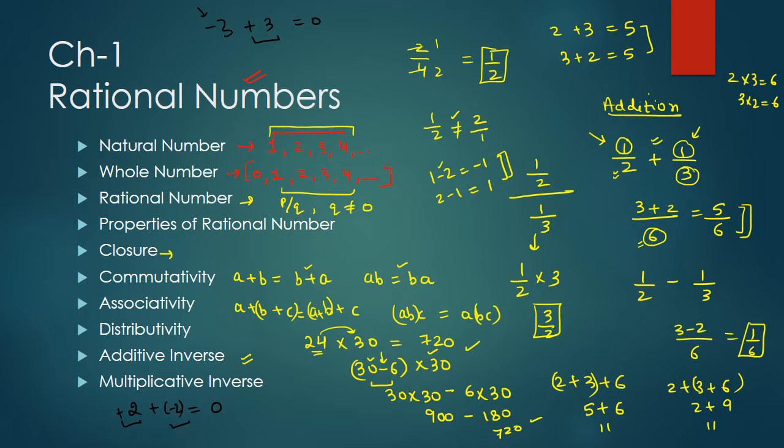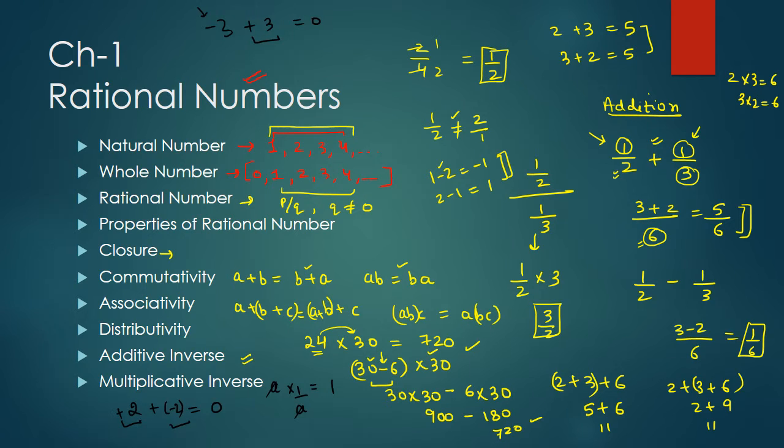Okay. Now when we say multiplicative inverse, that means two numbers are the multiplicative inverse of each other if their multiplication is 1. If I have A, for example, what you have to multiply with it so that you can get 1? Obviously 1 by A, then only you will get 1, right?